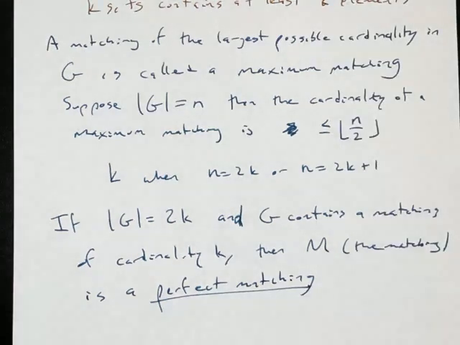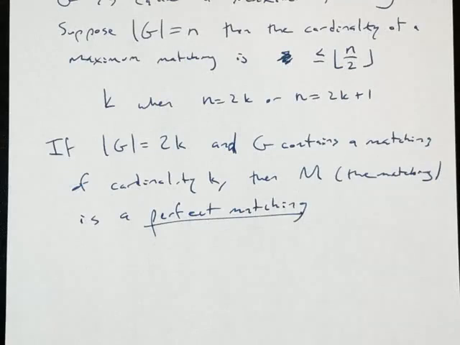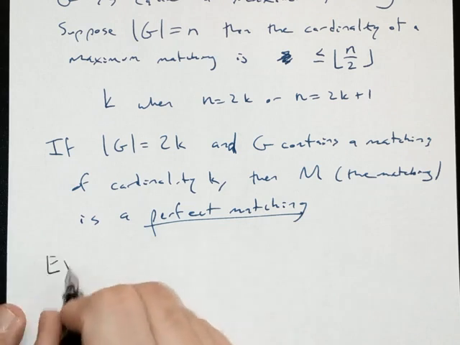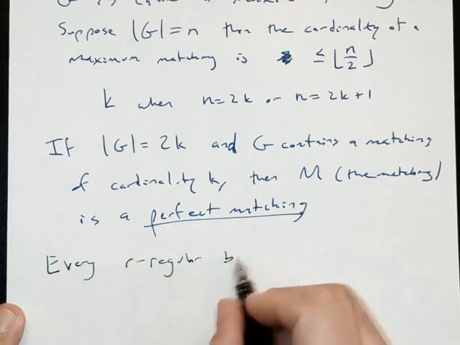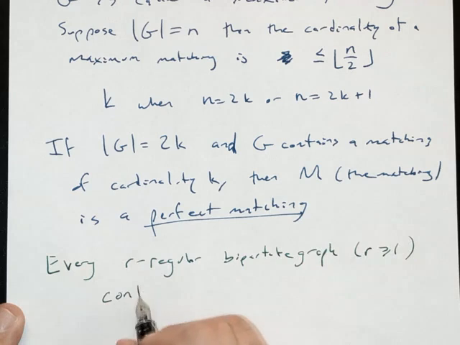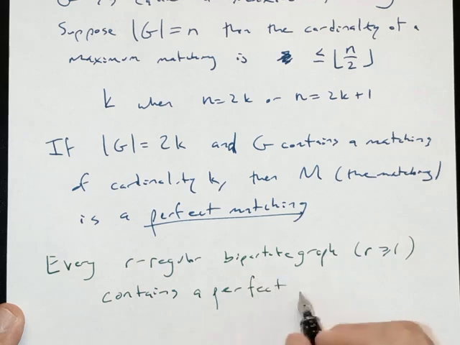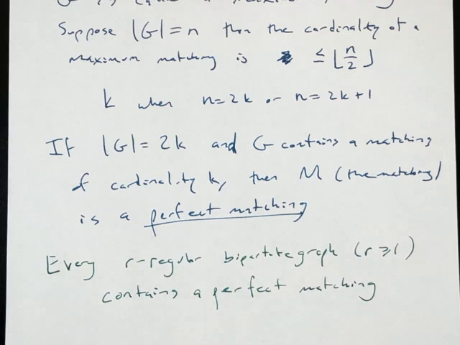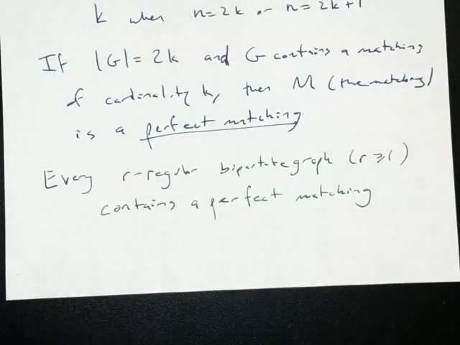So a perfect matching matches every vertex in G. The proof of this follows directly from the proof we just did. It's a direct corollary.